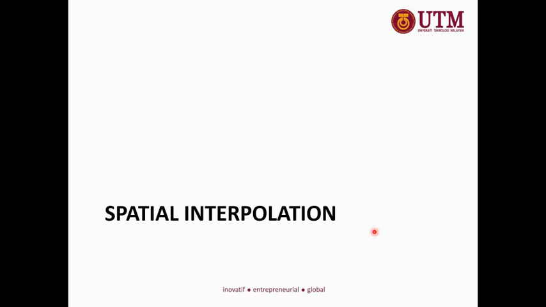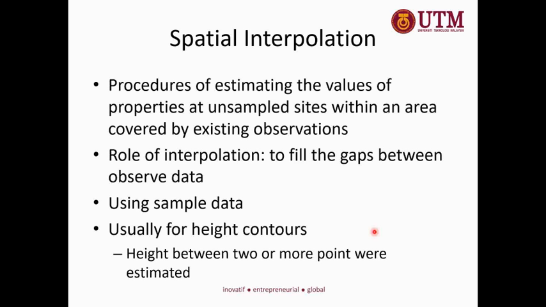So the next one is spatial interpolation. Spatial interpolation is the analysis where we estimate the value of a property at an unsampled site. It means that this certain area, for example, doesn't have any data, so we are going to create a certain value for this area based on the other values that we collected over here.